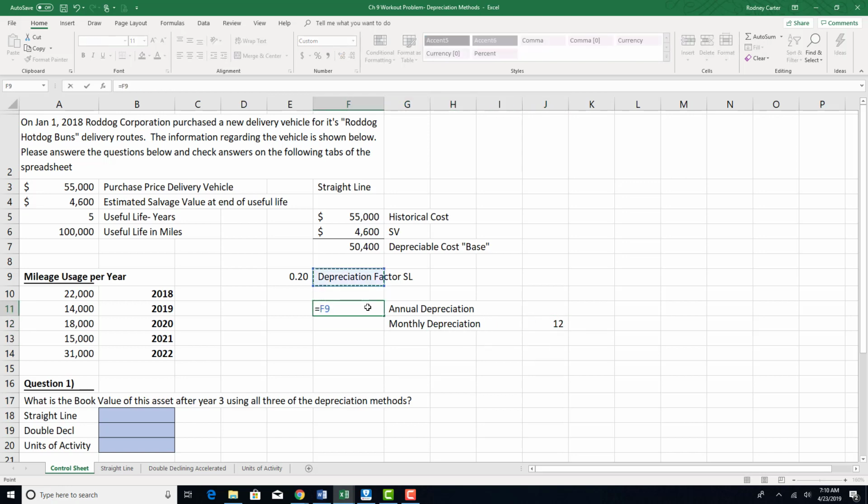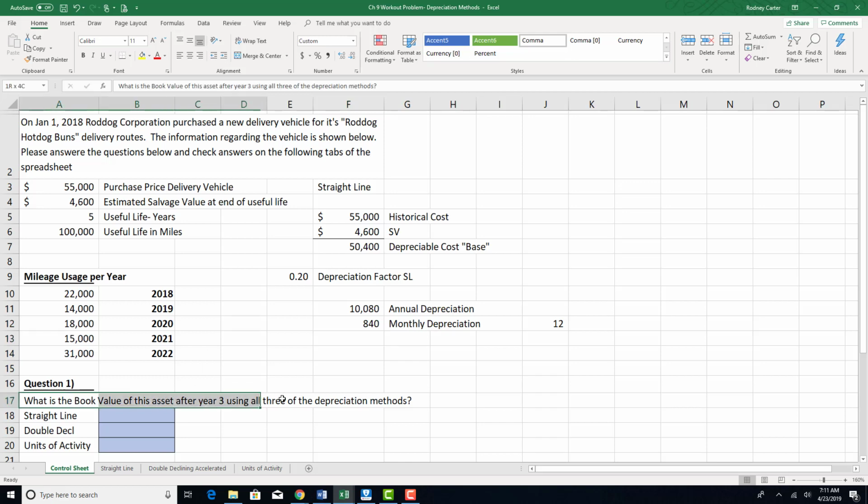So I'm going to take the depreciable base times this, that's also dividing it by 5, of course, because we have 5 useful years. So our annual depreciation is 10,080, and then we have 10,080 divided by 12 to get to our monthly depreciation.